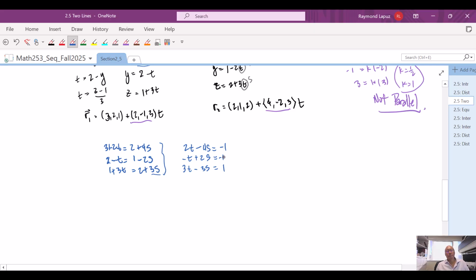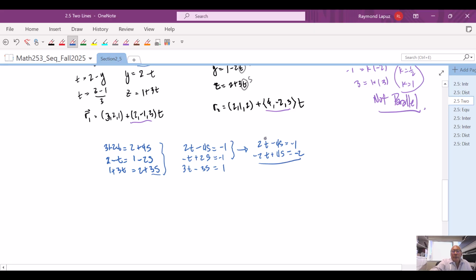All right, so we'll work 2 equations at a time. I'll take these 2 equations and I'll keep the first equation the same: 2t minus 4s is equal to -1. And this second equation I will multiply by 2. So it's a -2t. Multiply this by 2, I get a positive 4s. And multiply this by 2, I get a -2.